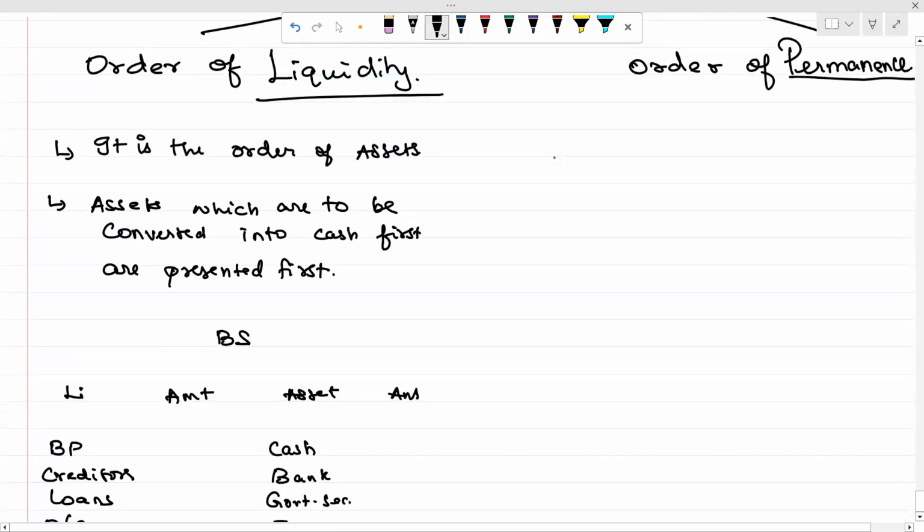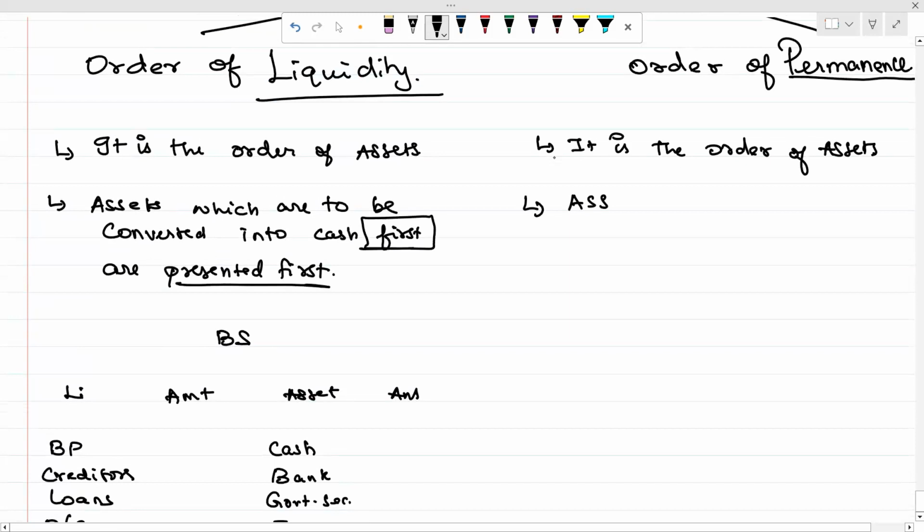Then what is the order of permanence? It is mostly the presentation of the order of assets. What does permanence speak about? In liquidity, what is converted first is presented first.